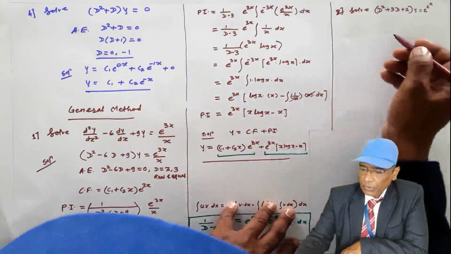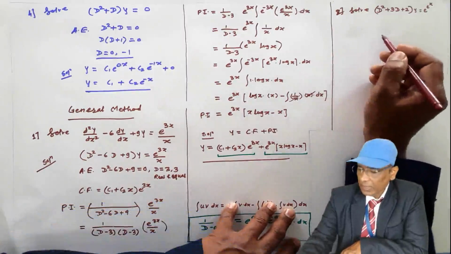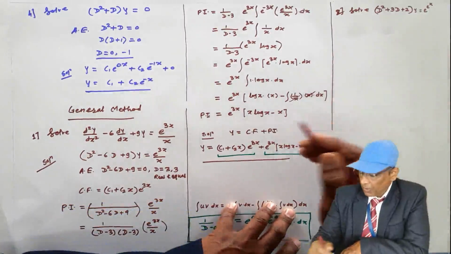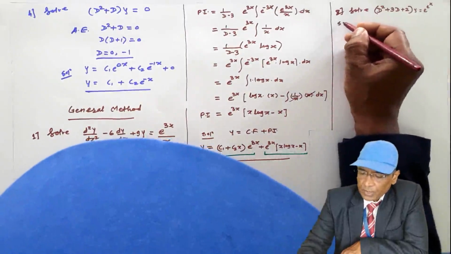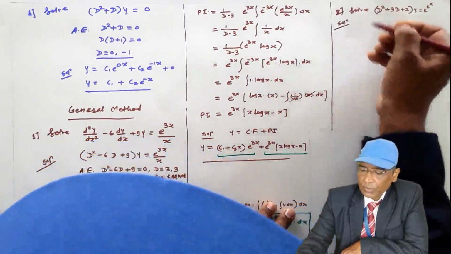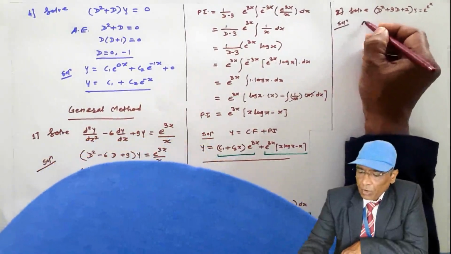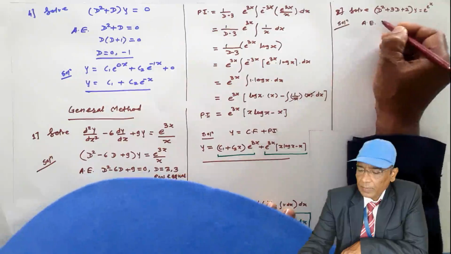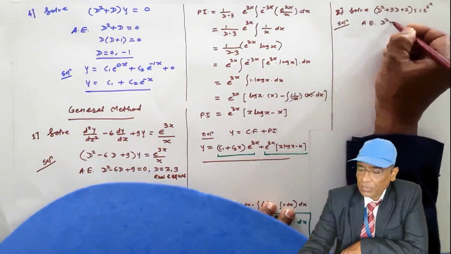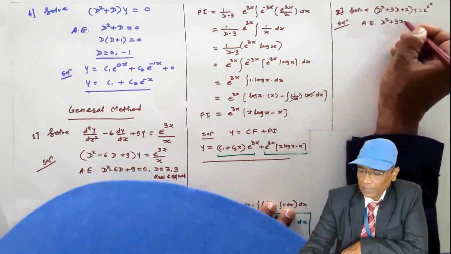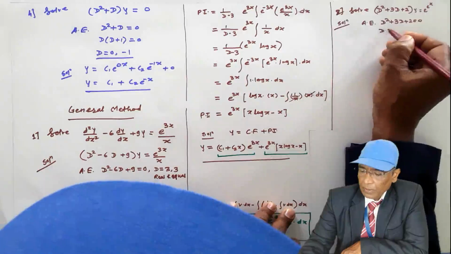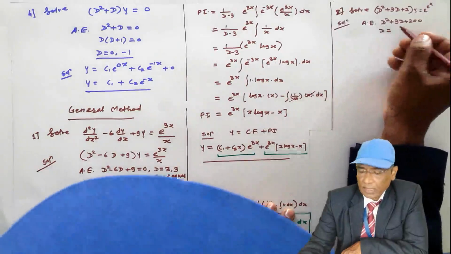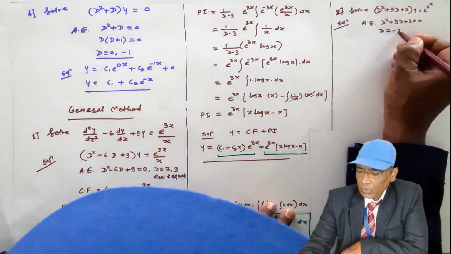I am going to write the complementary function very quickly and then the particular integral, because you are aware of how to find the complementary function in short. We are going to solve this problem. This auxiliary equation I am writing directly because the left hand side is already given in terms of capital D, and for the value of D, use a calculator. It is -2 and -1.